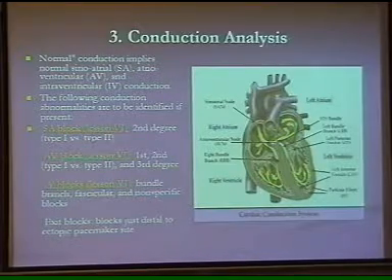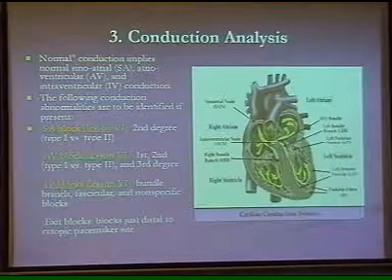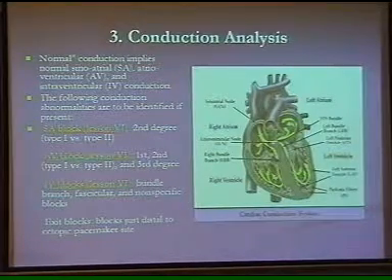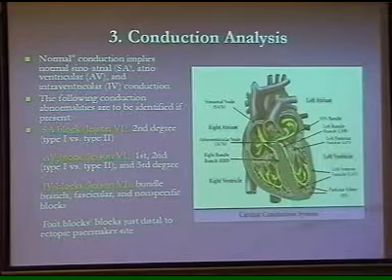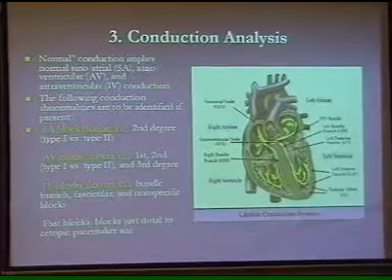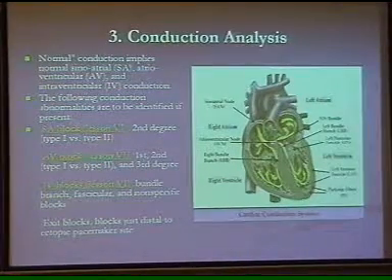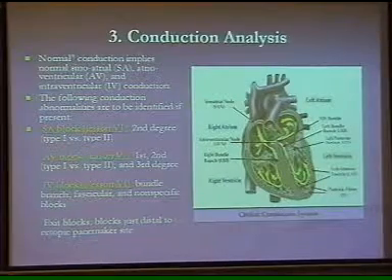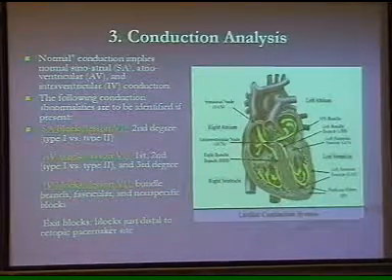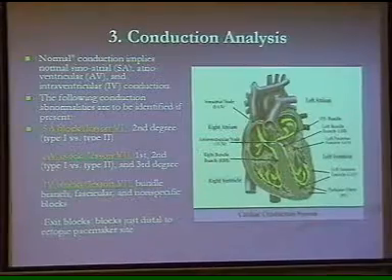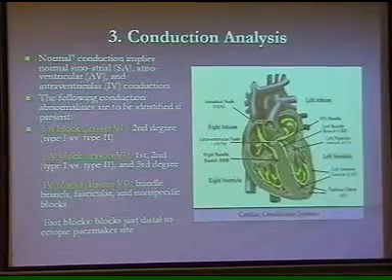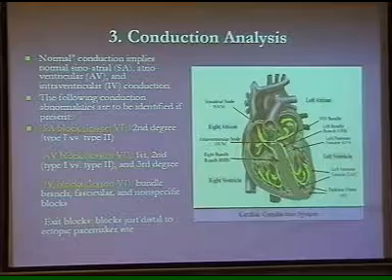In other words, the AV node is getting tired. It transmits the atrial impulse initially at a normal rate and then progressively gets stressed out, so you get progressive lengthening of the PR interval until it cannot conduct, so there's a dropped beat. That is Mobitz type 1 or Wenckebach.